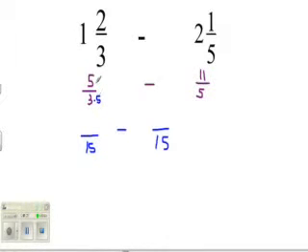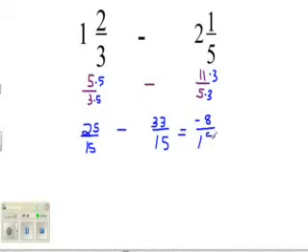So 5 times 5 is 25. And here, in order to get 15, I had to multiply by 3. So I have 33. 25 minus 33 is 8. Negative. And that's your answer.